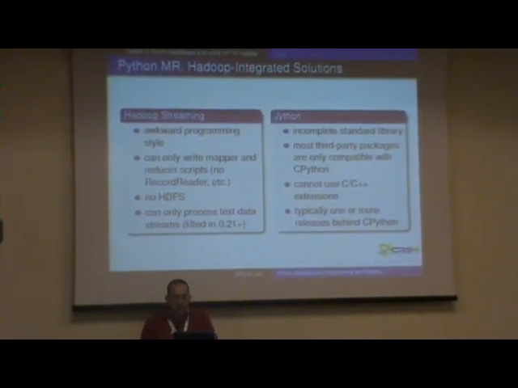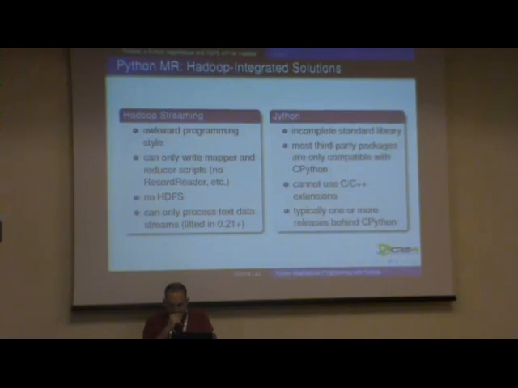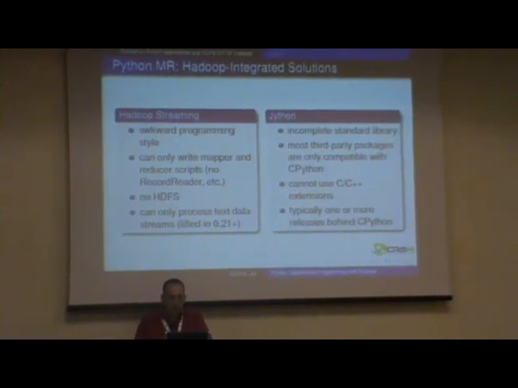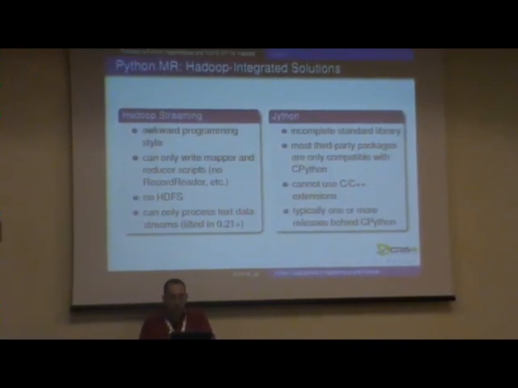There is no API to access HDFS, and initially you could only use a text protocol. You were not able to process binary records, but this is not the case anymore in the trunk.